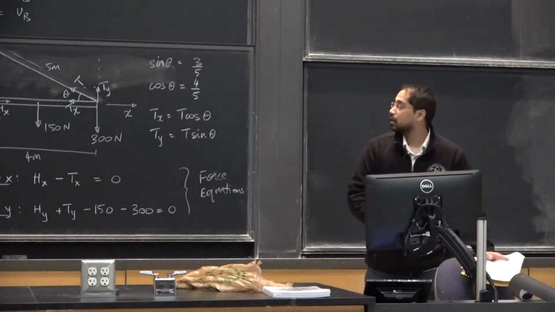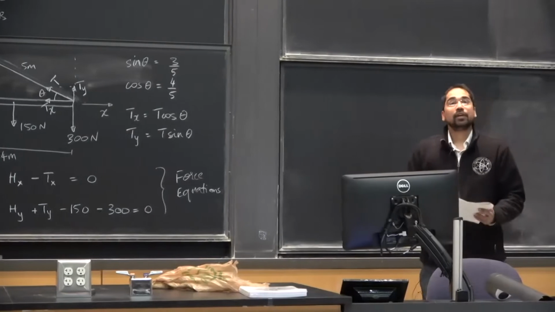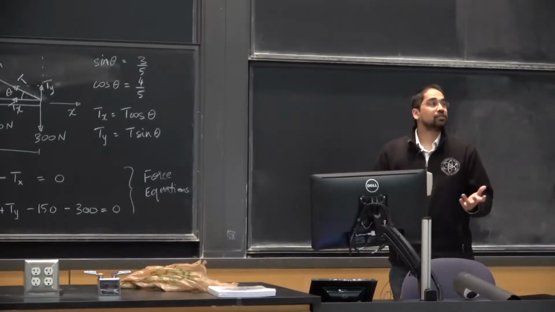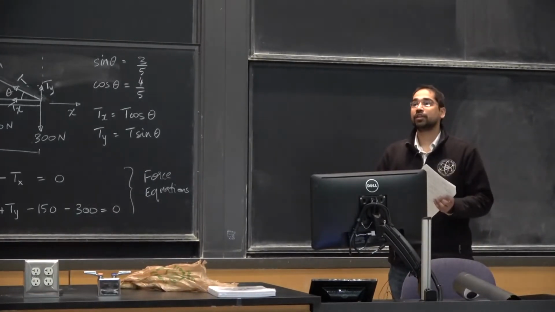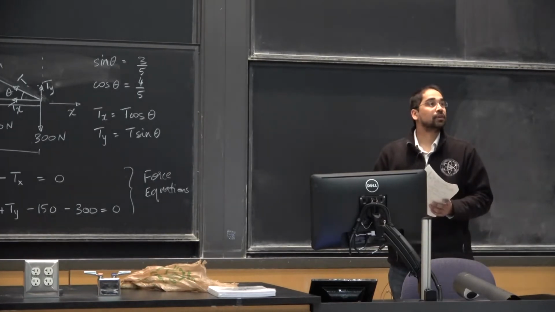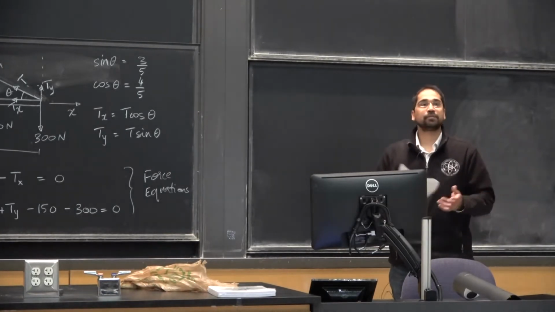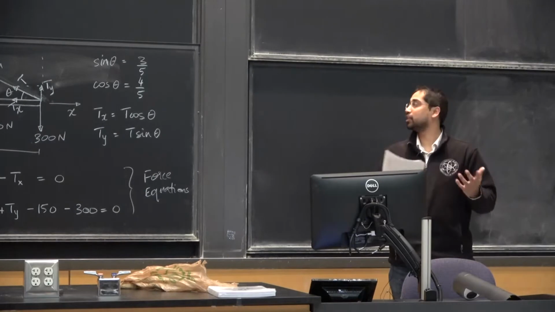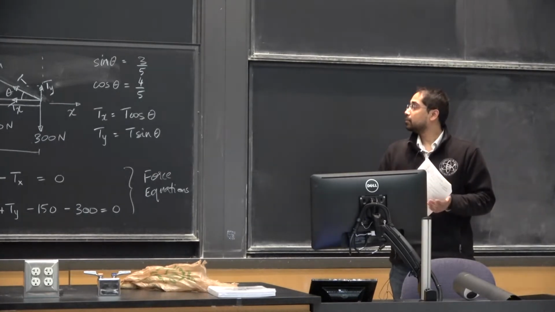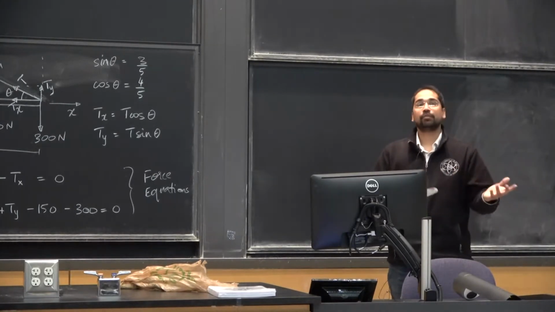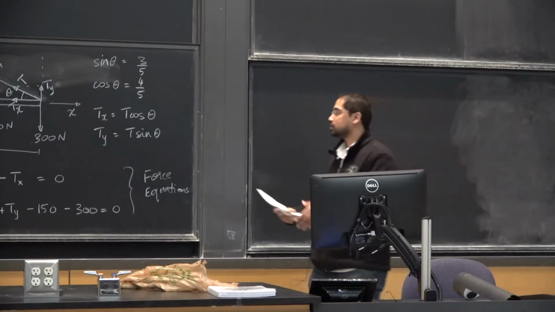Same thing with torque. If I have a situation where the total torque is 0, then regardless of what axis of rotation I pick, the torque must be 0. So this gives me a lot of power. I can choose an axis of rotation, and depending on your situation, you might prefer to pick one over the other.